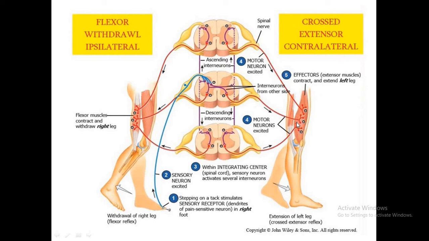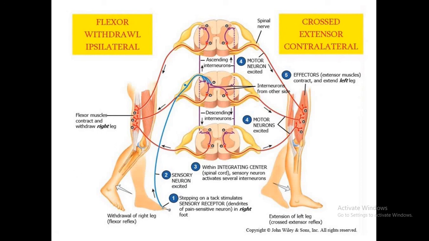Again, we need more than one neuron like the flexor withdrawal, so it will go up ascending and down descending and will help recruit these motor neurons and help this muscle contract and extend the left leg. We can mention that the crossed extensor is contralateral because it enters from one side and exits from the other side. The flexor is ipsilateral because it enters from one side and exits from the same side.